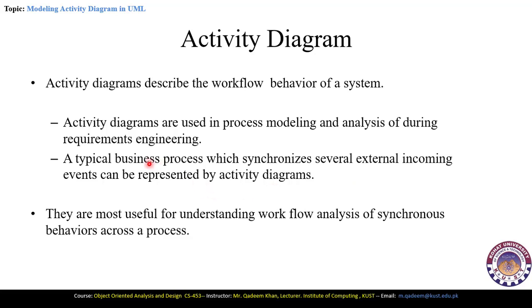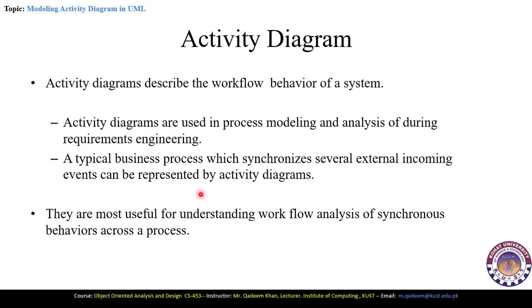The business process represents a certain process where different activities will be performed, and these activities are synchronized with each other, meaning they are properly in a format or in a sequence where different external incoming events, meaning different inputs to the systems, will be represented by the activity diagrams. And here each activity will perform certain functions.